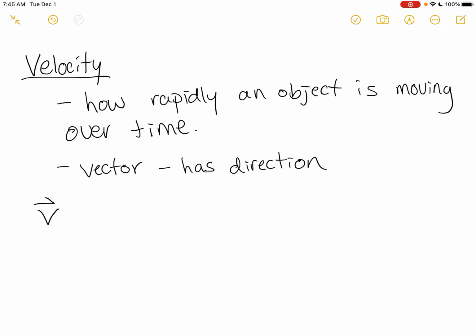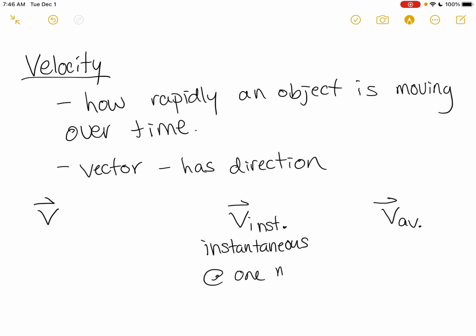There are two different types of velocity: instantaneous velocity and average velocity. Instantaneous means just at one moment of time only.